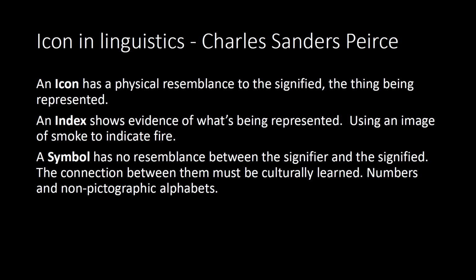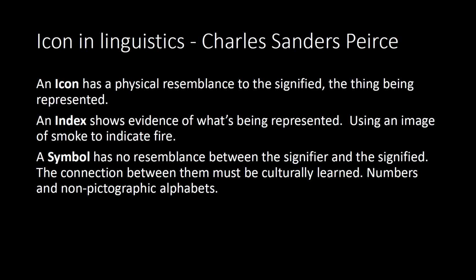So you can go from icon to index to symbol. The icon has a strong resemblance to the thing being signified, like an icon of a tree representing the tree. The index is something about the thing that is being used to indicate the thing. So the smoke is something that happens when you have fire, and the smoke is used to indicate the fire.